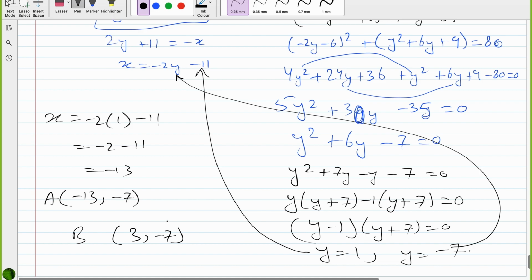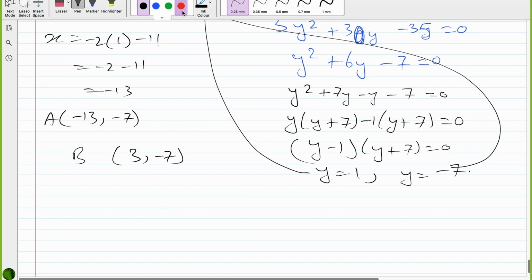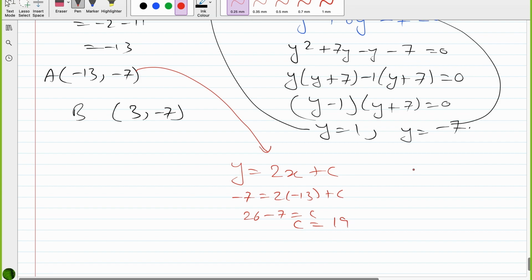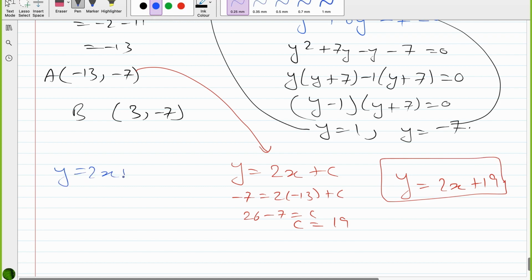Now I have these two points, and I know that we were looking for y = 2x + c. Now substitute them one by one. 1 = 2(-13) + c, that is -26, so c = 27 in that case, and the other: -7 = 2(3) + c, so c = -13.